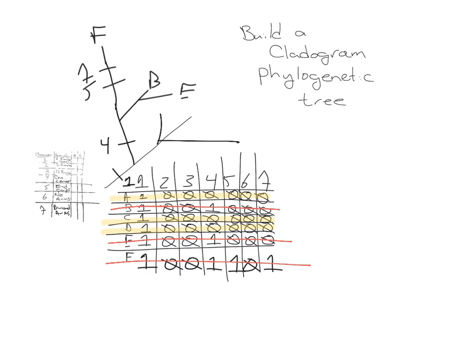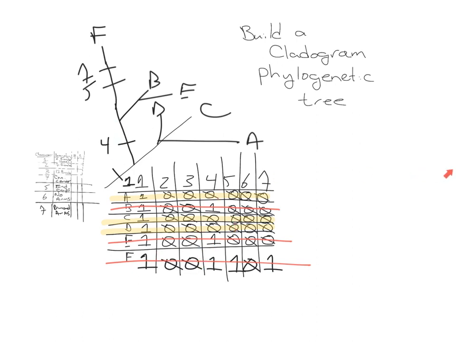So we could do A, C, D, sorry. You see? Based on this evidence that I have here, limited evidence, this is the cladogram, the relationship between these snowflakes. That's the best I can do with the data I have.